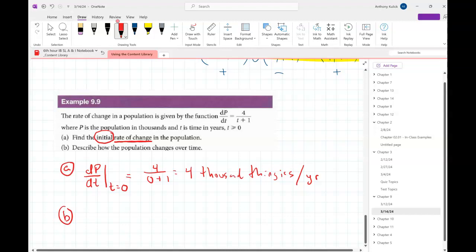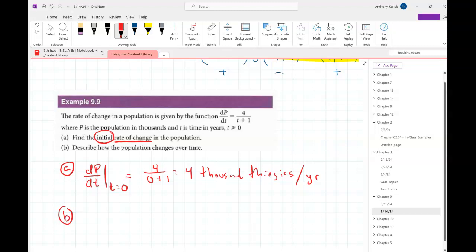Describe how the population changes over time. What would I do there to do that? I would want to look at the graph of the derivative, because that'll give me a visual of the rate at which the population is changing, right?